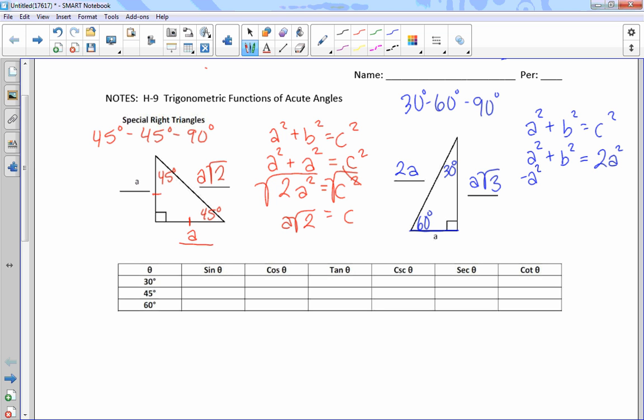So when you subtract the A squared, you get B squared equals... something's going wrong. I've done something wrong. That was supposed to be a 4 in parentheses.